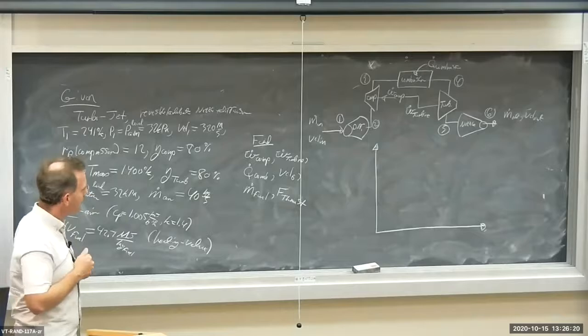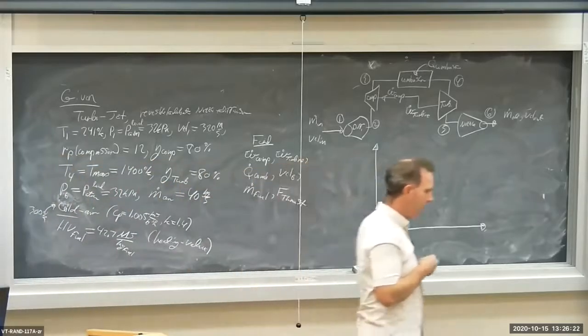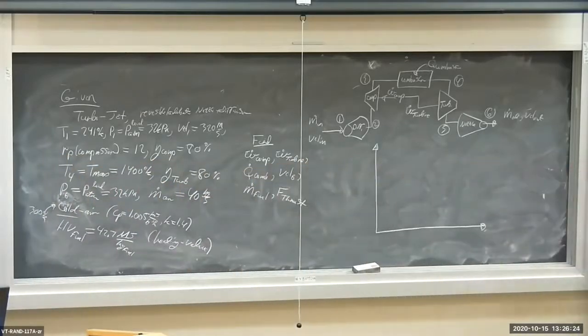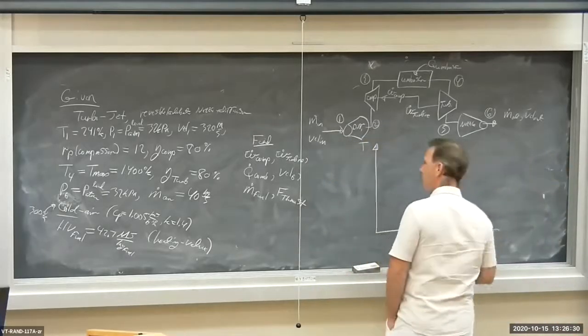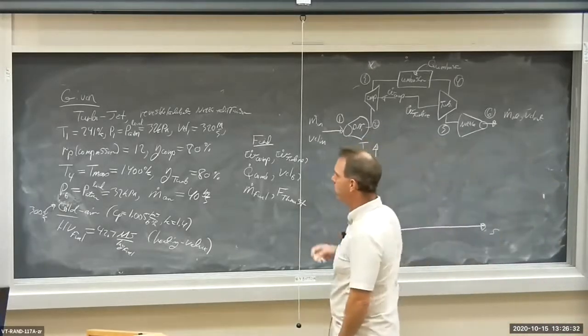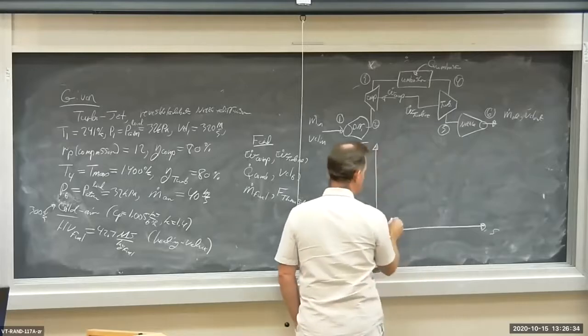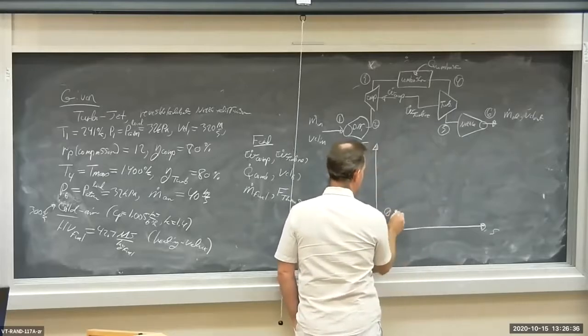Let's put up the TS diagram here before we get too excited and before we start cranking out results. So here's temperature, specific entropy. We're told that these are reversible adiabatic nozzles and diffusers. So I start off at state 1.